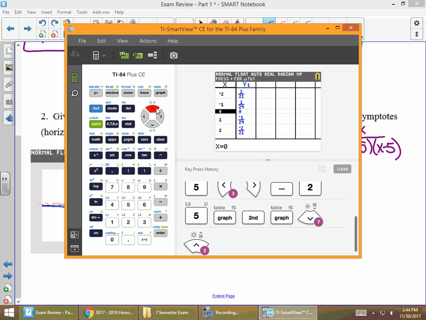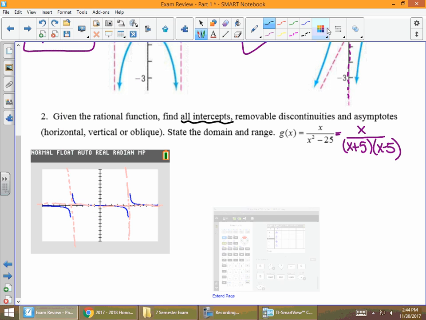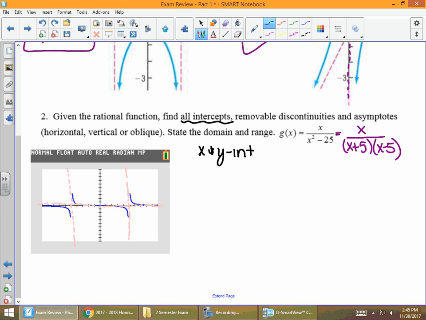So our x-intercept is 0, 0. Our y-intercept is 0, 0. Intercepts, done. Removable discontinuities, nothing for this problem, nothing cancels, so we don't have anything in your removable discontinuities.